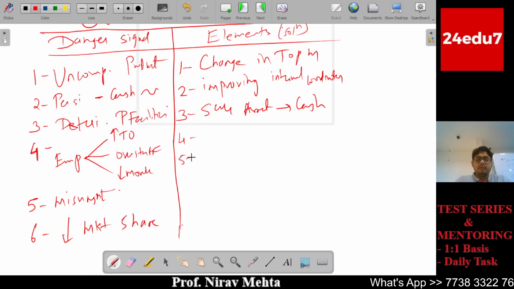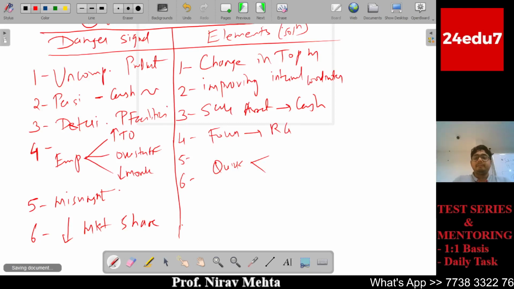Fourth, fifth. Focus on revenue generation. You should focus on revenue generation. Yes, only one point. Quick, there are 2 points. So you have to focus on generating the revenue. Rather than focusing on expenses, of course, you have to do that also, but focus on where income can come from.